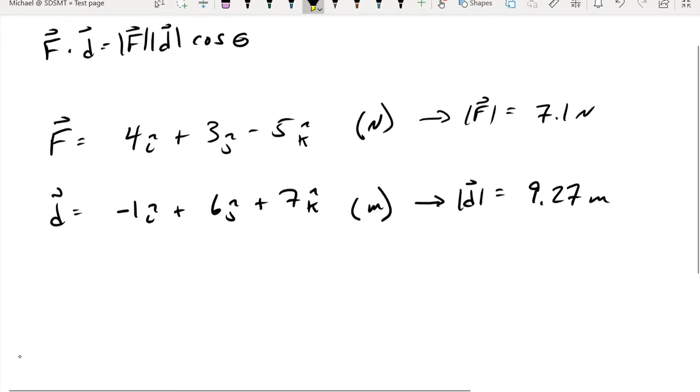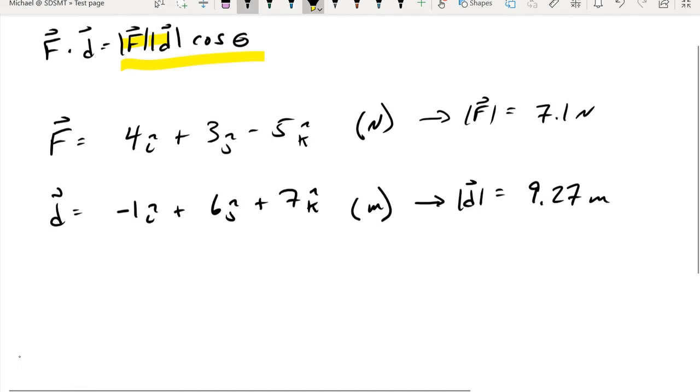So we've got the first two pieces, but I don't know what the angle is between these two vectors. These vectors are pointing out in 3D space somewhere. I have no idea what the angle is between them, and if I don't know that, then I can't complete the evaluation of the work that's being done.